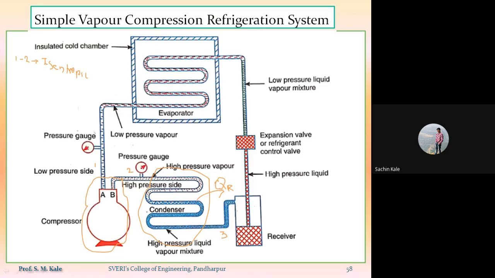Then 3 to 4. The 3 to 4 process occurs inside the expansion valve. So 2 to 3 is nothing but constant pressure heat rejection.